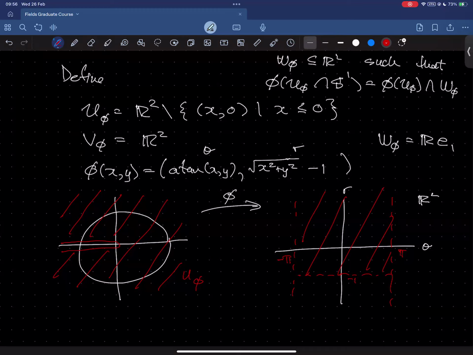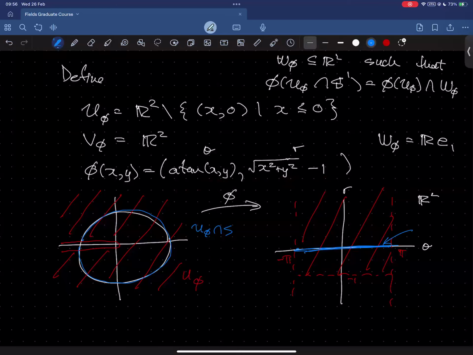Good. And so now we just note that the circle intersect u phi gets mapped to the set of points where r is equal to 0 and theta goes from minus pi to pi. The blue thing here is u phi intersect S, and that gets mapped to this thing.